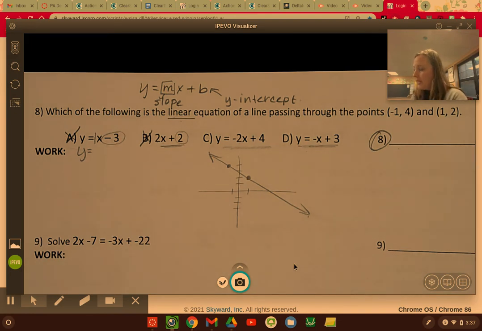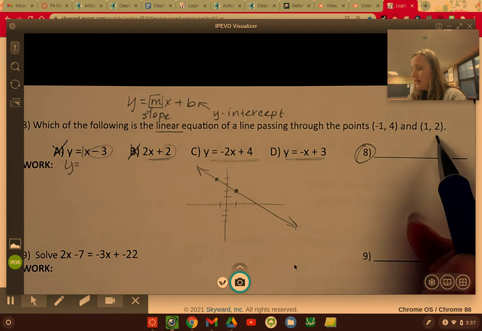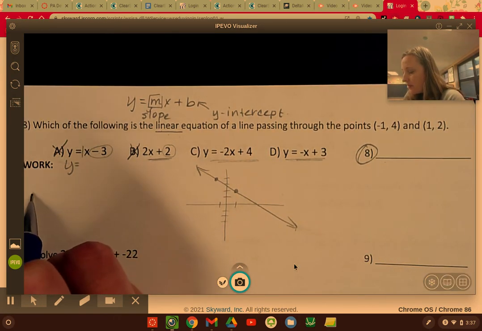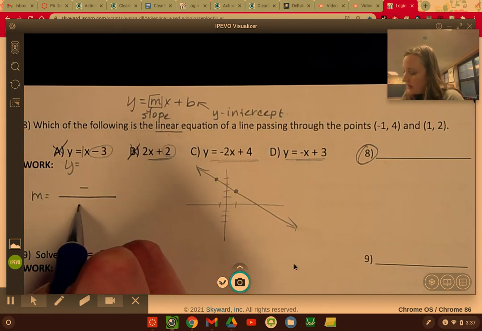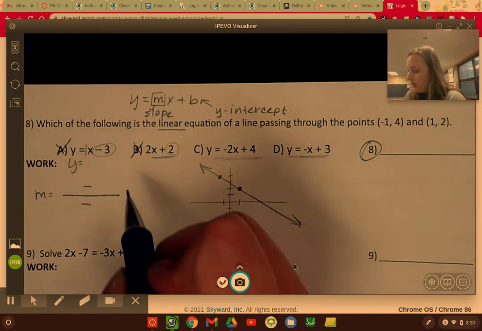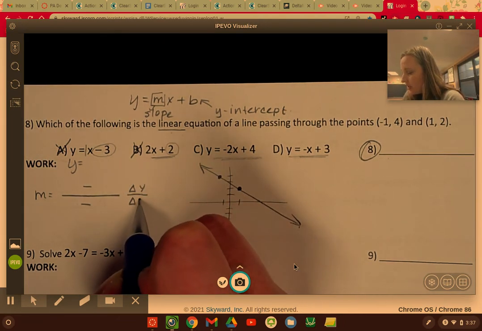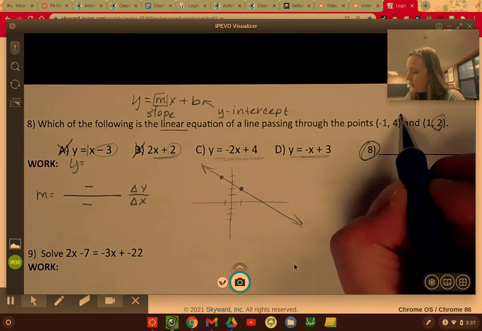So I've got to go back in here, and I'm going to use my slope formula. Remember, what that means is I'm going to subtract my y's, so change in y over change in x, right? And change always means subtract. So my y values are 2 and 4.